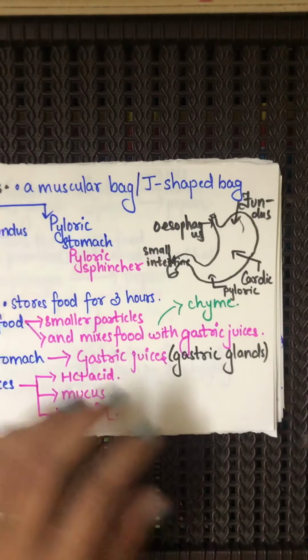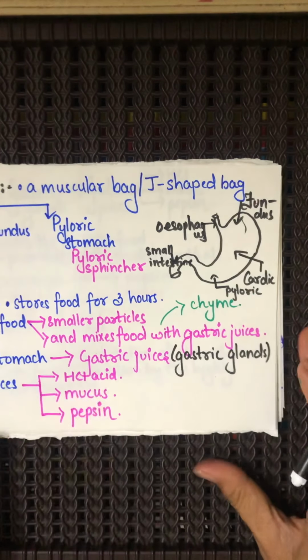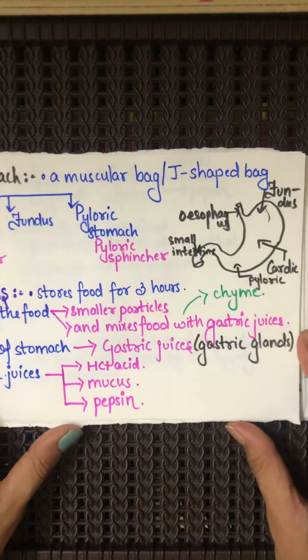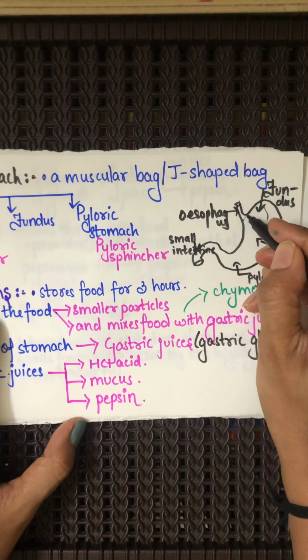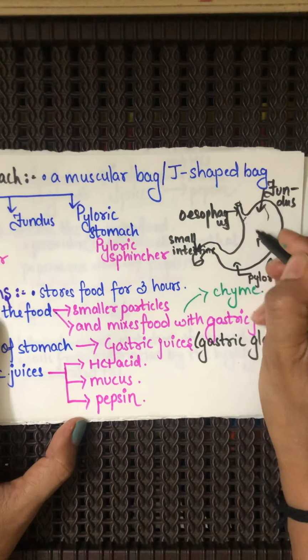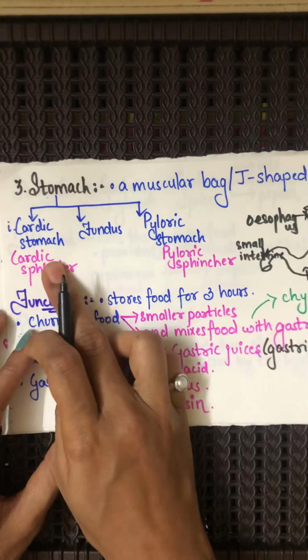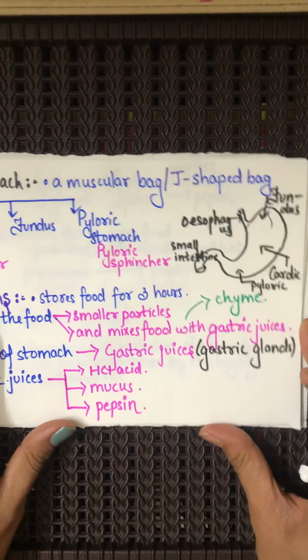Yes, so what happens? The food from the esophagus will enter into the stomach with the help of the cardiac sphincter. Whenever the cardiac sphincter over here is open, the food can enter inside the stomach. Yes, and this cardiac sphincter also prevents the backflow.